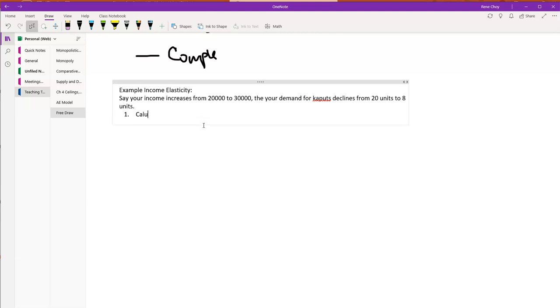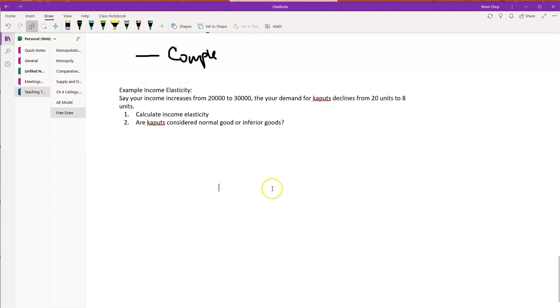Question number 1, calculate income elasticity. Question number 2, are caputs considered normal goods or inferior goods? All right, so let's work on this problem.